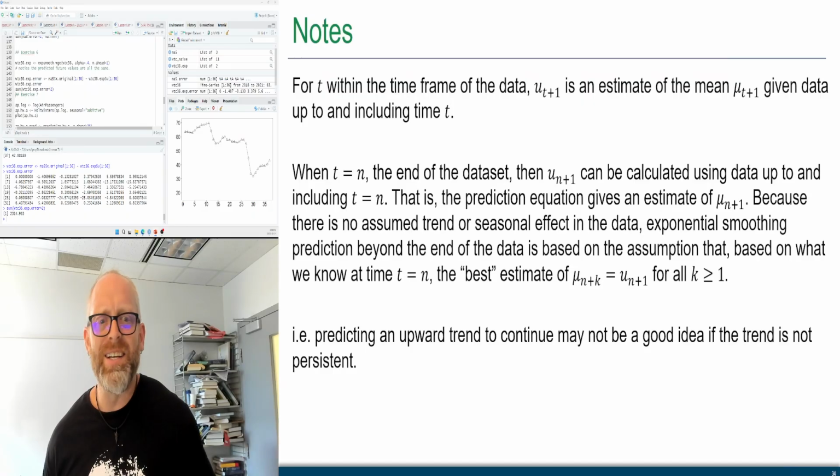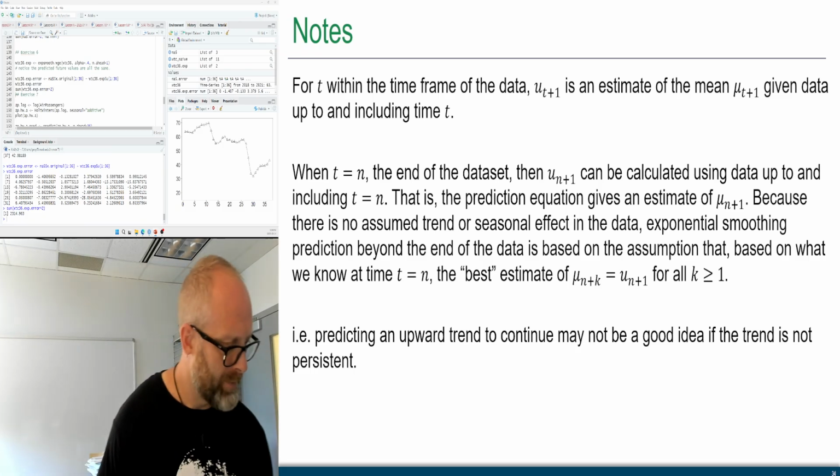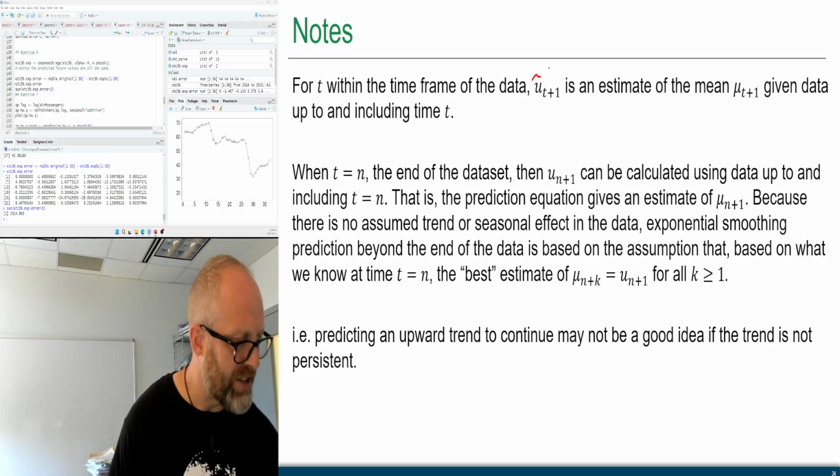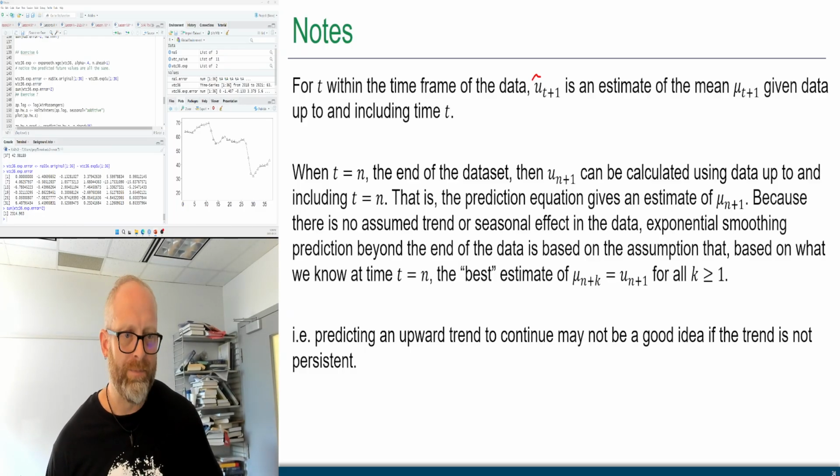So a couple of things to note here. For t within the time frame of the data, u-hat t plus 1 is the estimate of the mean of u t plus 1, given the data up to and including time t. So when t is equal to n, the end of the data set, then the estimate for n plus 1 can be calculated using the data up to and including time n.